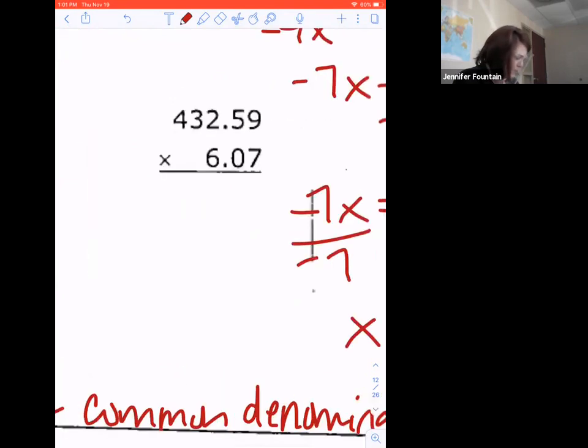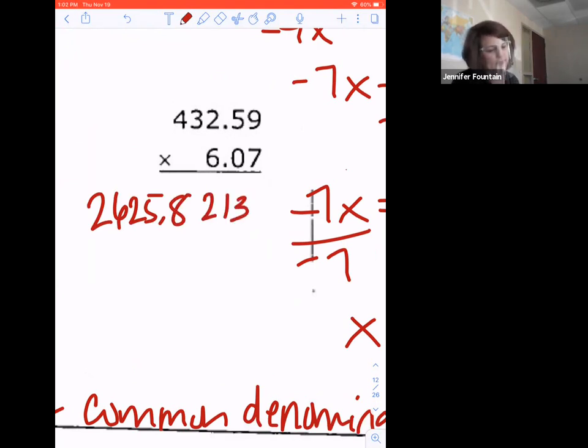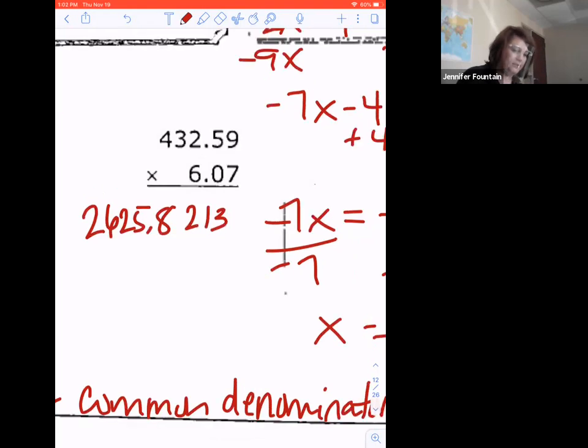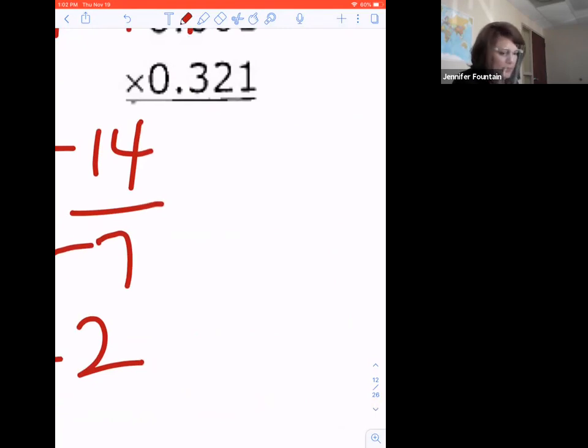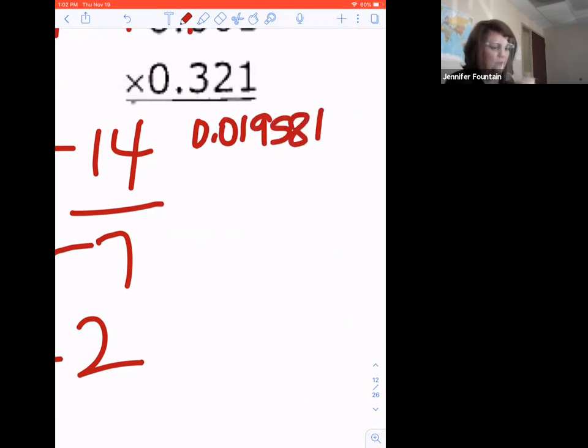And the next one will be 2,625 and 8,213 10 thousandths. And then the last one is going to be 0.019581.